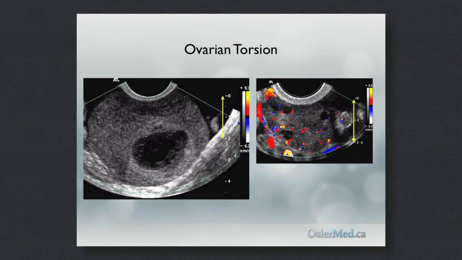We'll notice that the scale is the same for the enlarged ovary and the normal ovary. And when we add color Doppler using the same color scale, flow was easily visible in the normal ovary, but was not visible on the enlarged concerning side. So this absence of flow adds confidence.